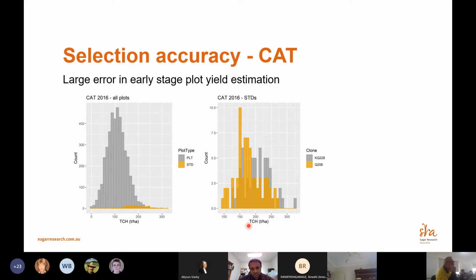On this graph, if you look at some of the standards from that trial, and focus on the Q20 weight, you can see again the TCH varies quite a bit from 100 to 260 tons per hectare. So there's quite a bit of error in estimating plot yield from single row crops.